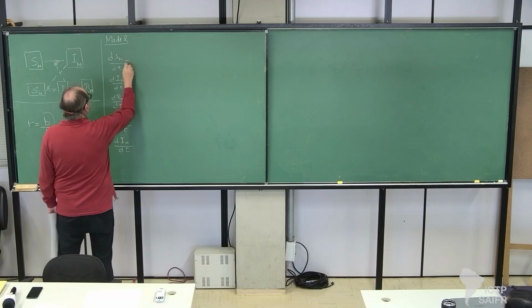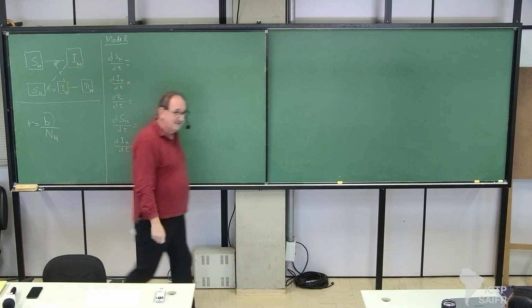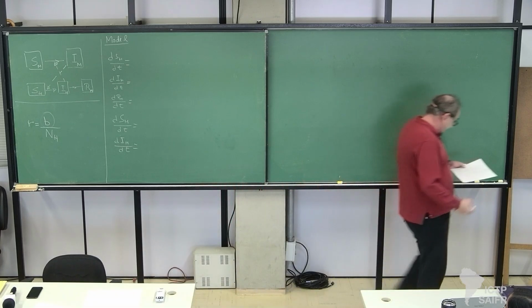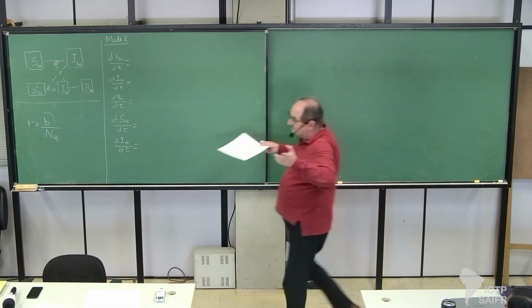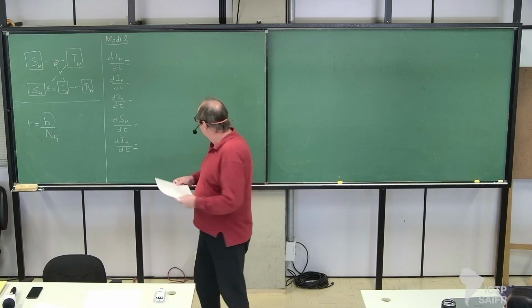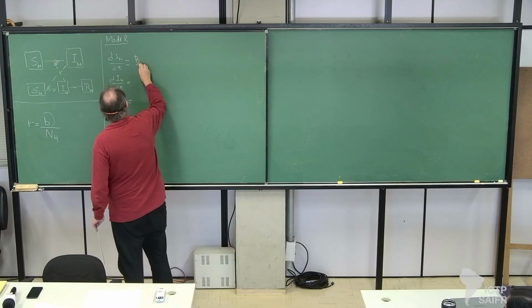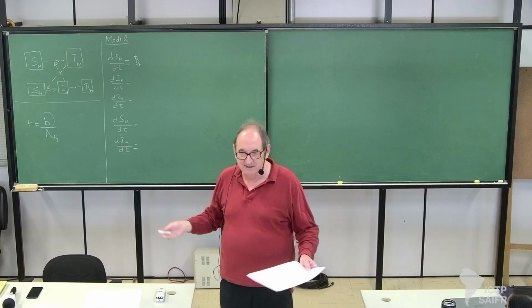Okay? 5 equations. So first, let us put quite a general situation. I have a certain birth rate for humans. Remember, we had done this when we discussed vital dynamics, okay?